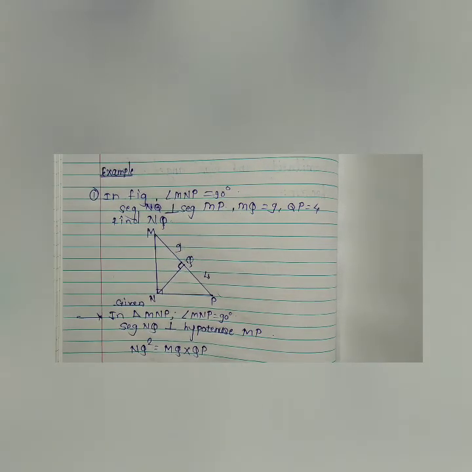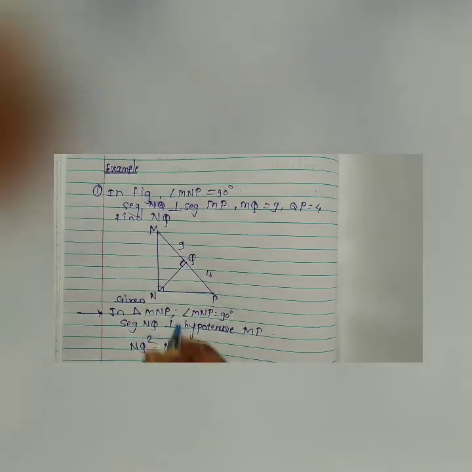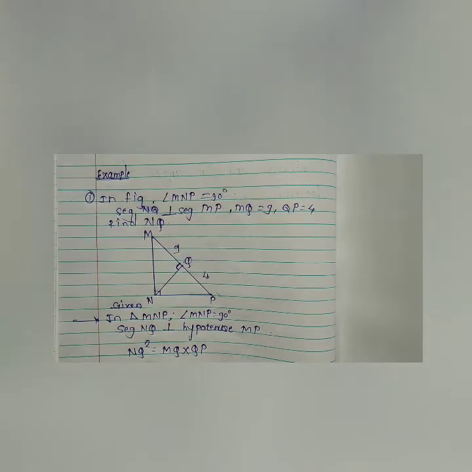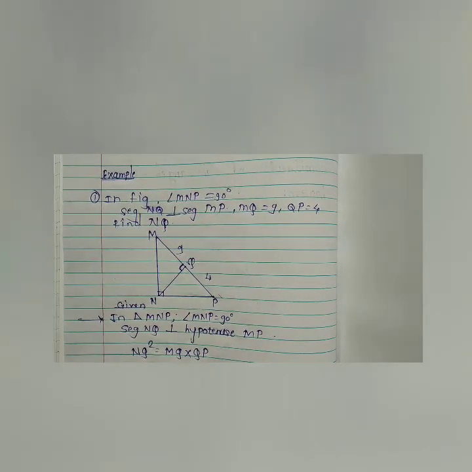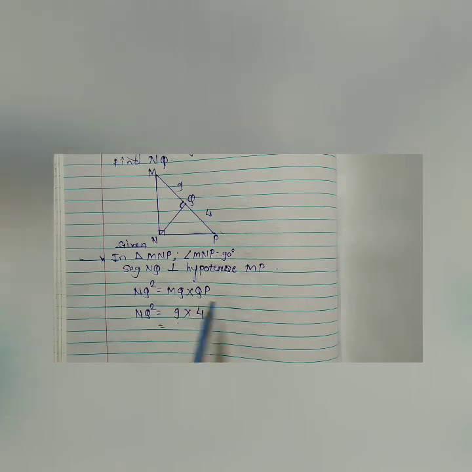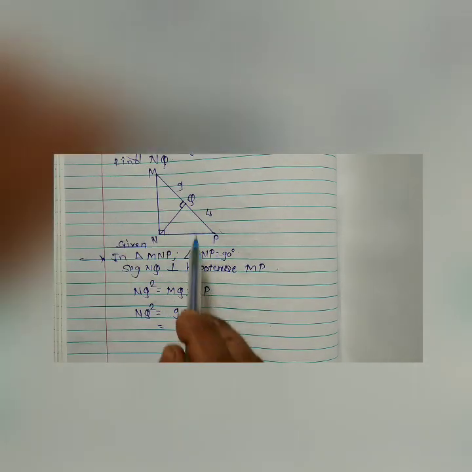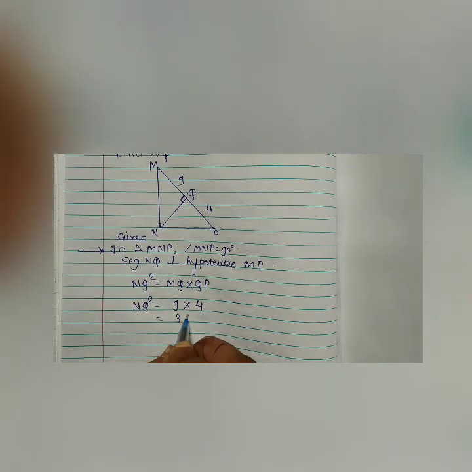Therefore by substituting the values, NQ square is equal to MQ into QP. Value of MQ is 9, value of QP is 4. 9 into 4, 36.